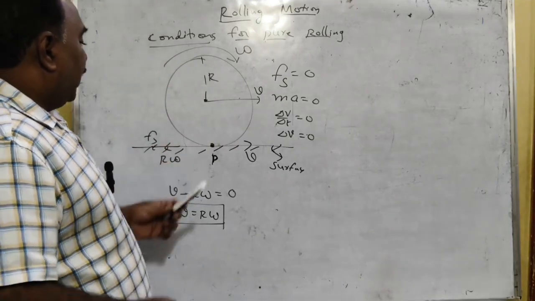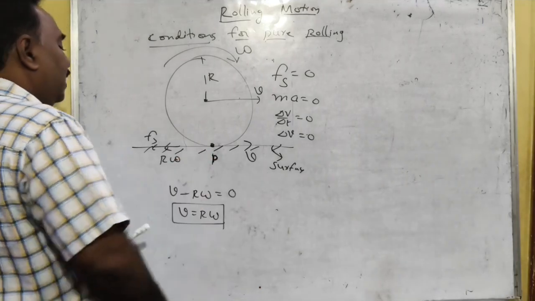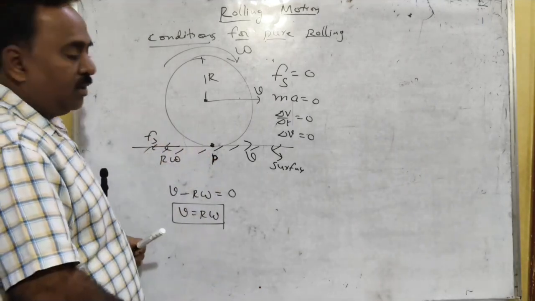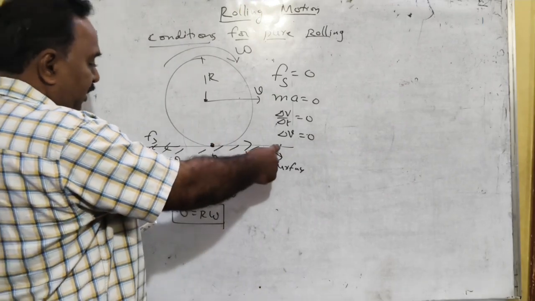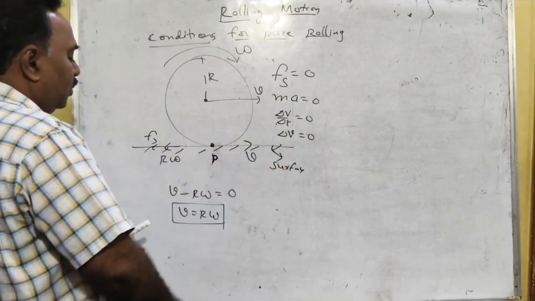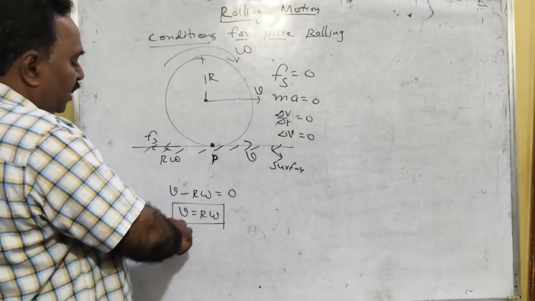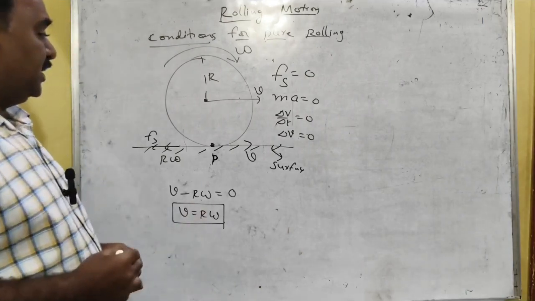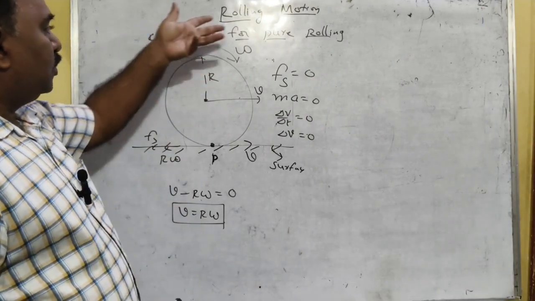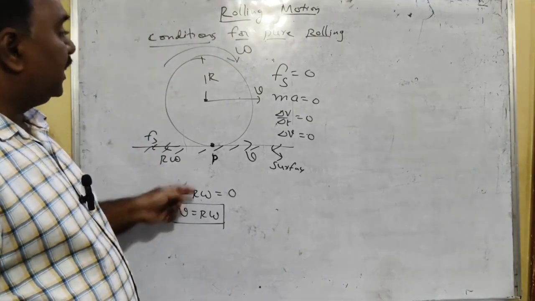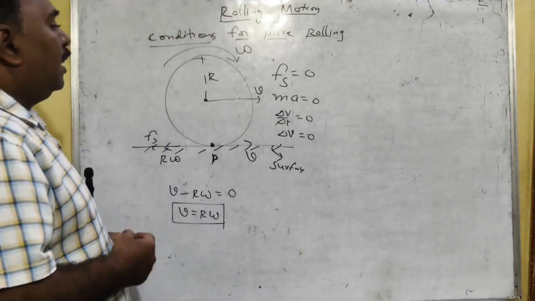So here we are considering the point P. What is the motion of the point P? As the relative motion with respect to the surface is 0, obviously we come to the conclusion V is equal to r omega. This condition is applied everywhere in the problem: when they give pure rolling, we apply this and solve the problems.